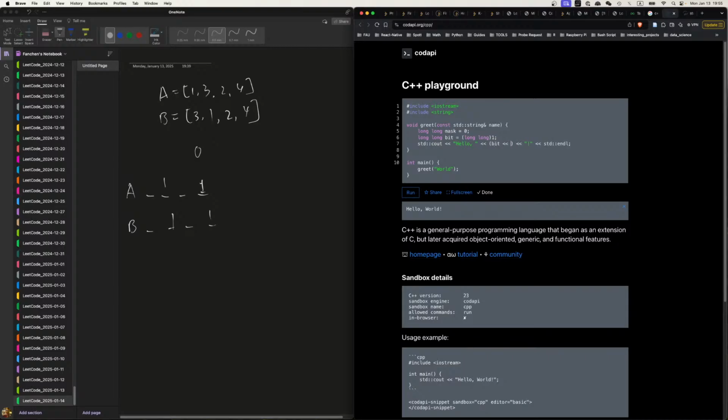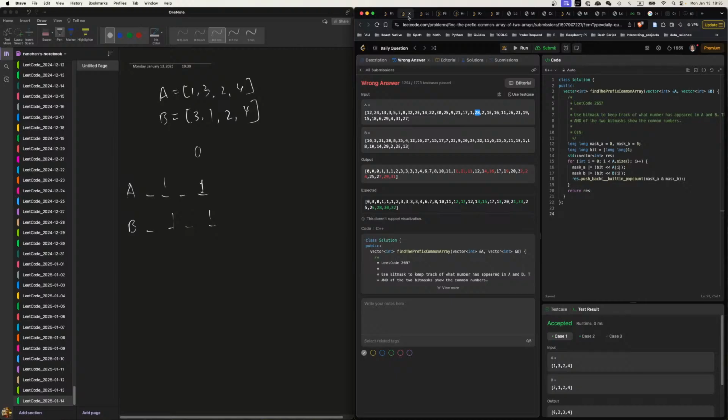Bit left shift 32. Yeah, it looks okay. Why is it not right? Sorry.